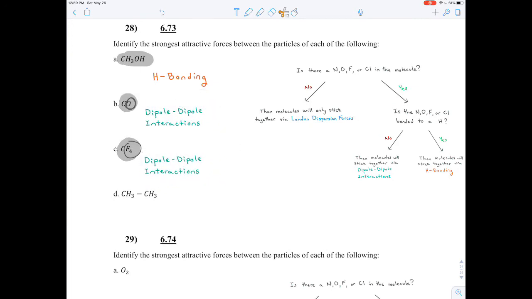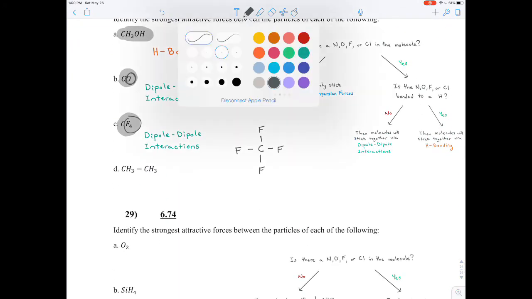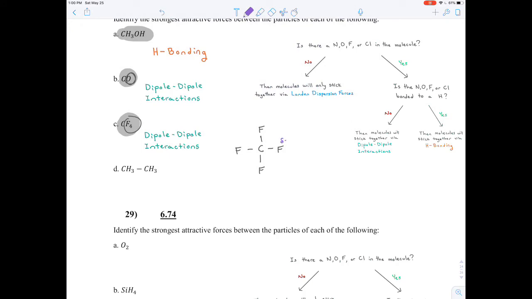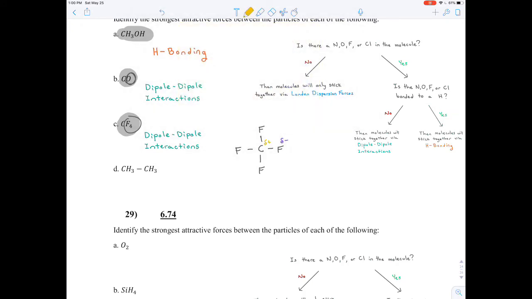Now, this is a good opportunity to discuss that assumption that we were making before. The assumption we're making is that the dipoles on the molecules won't cancel each other out. Let's look at this molecule for a second. Remember that one way you could draw dipoles is to draw the slightly negative, the delta minus, and the delta plus on the two atoms in the bond.